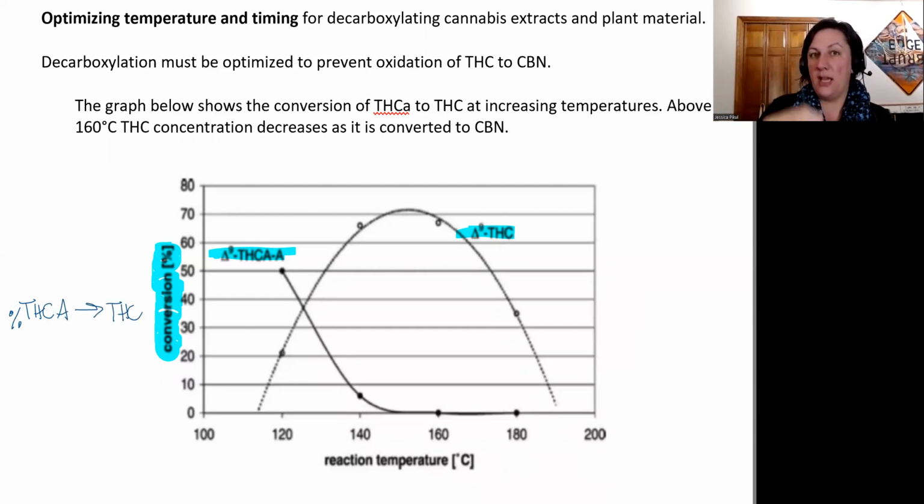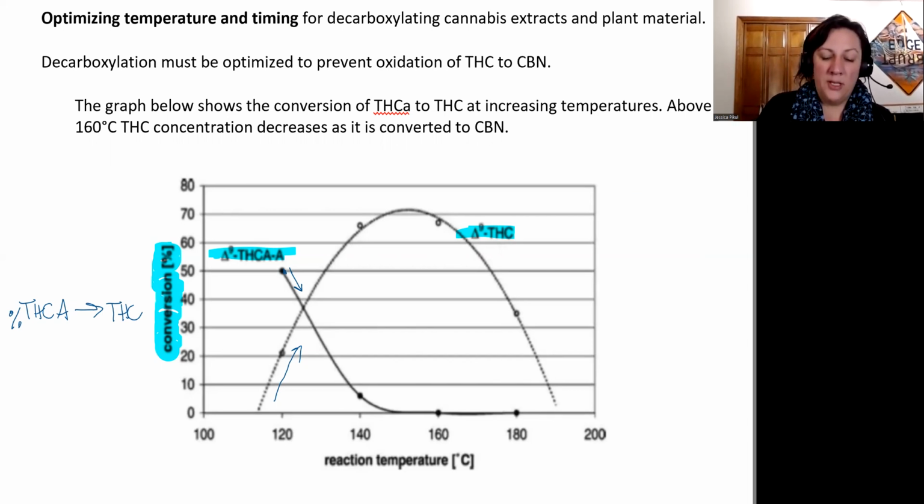So as we increase, we have converted more. Initially we have about 50% THCa, and as we heat, as we increase the temperature, we convert our THCa into THC, and we see our THC increase as our THCa decreases.